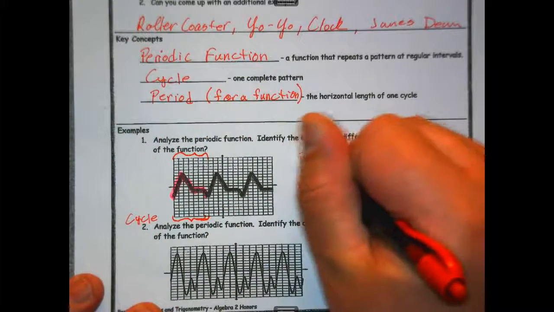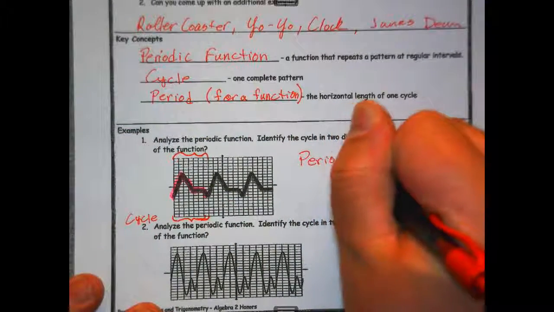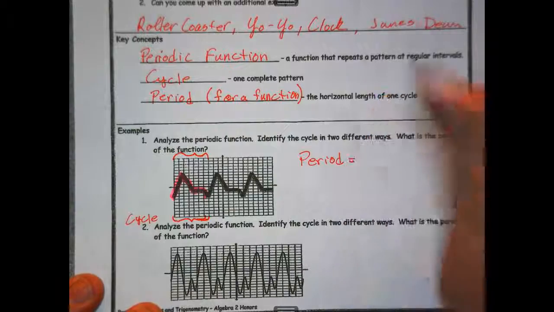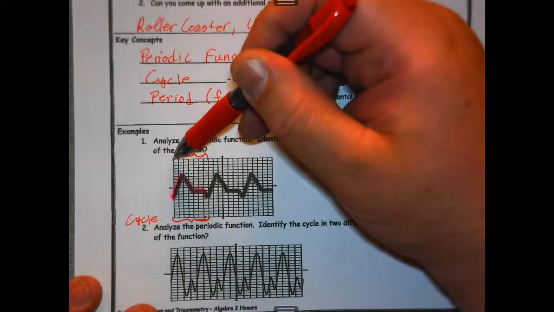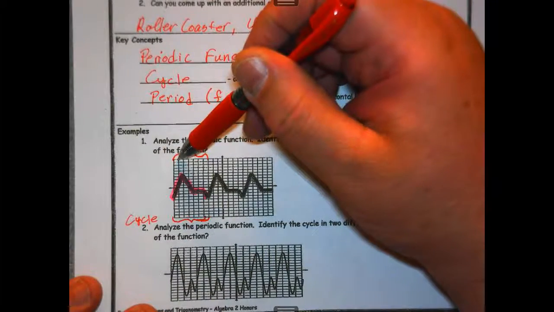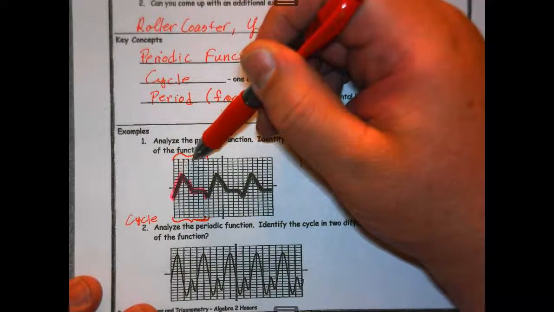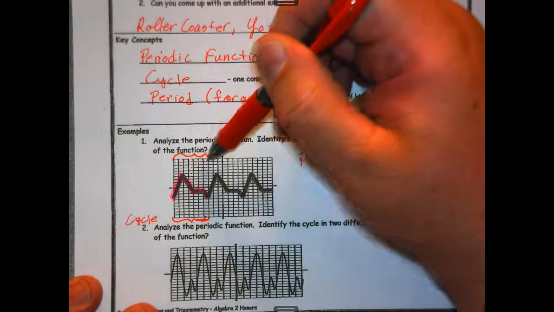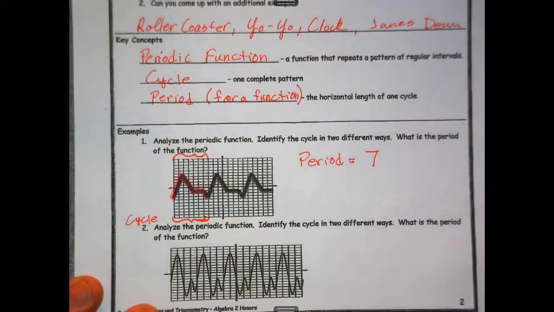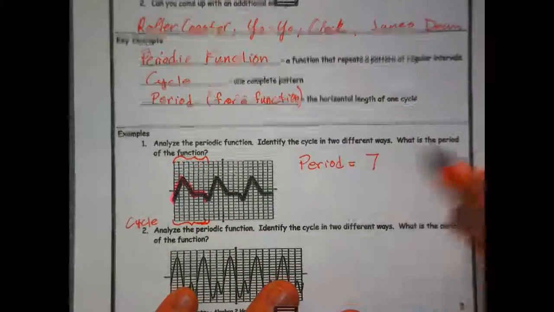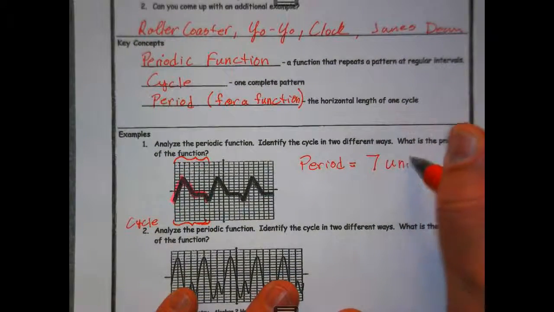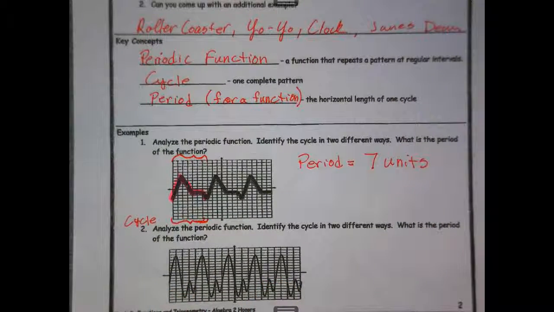So the period is going to equal a number, and that number is 1, 2, 3, 4, 5, 6, 7. The period is 7 units.